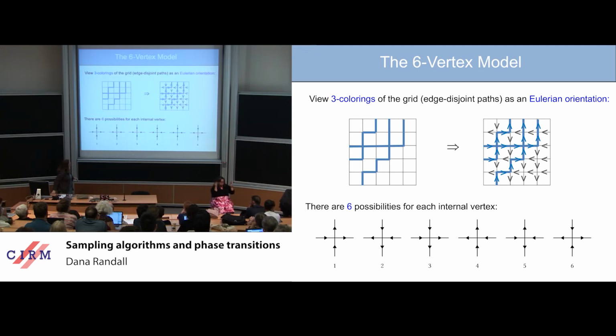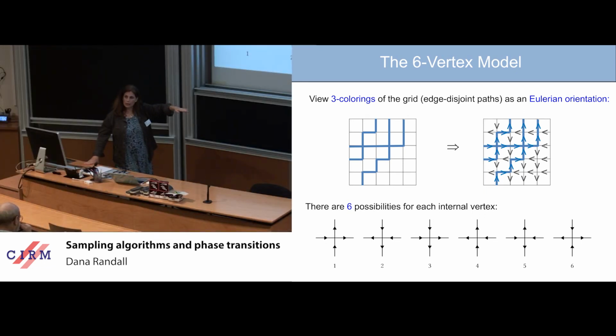So we have this path interpretation of 3-colorings, which are paths that are edge-disjoint. Now, I'm going to interpret the blue paths, the horizontal ones, as arrows to the right, and the vertical ones as arrows up. And by default, where I don't have a blue path, the black lines are down and left.